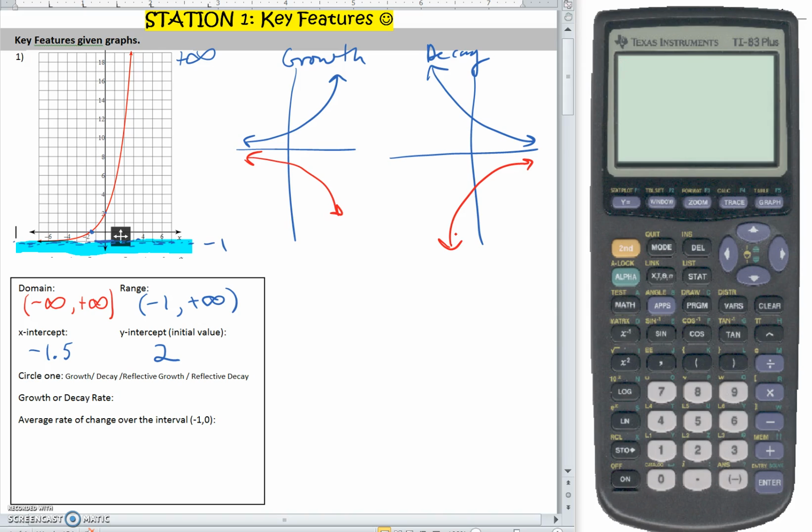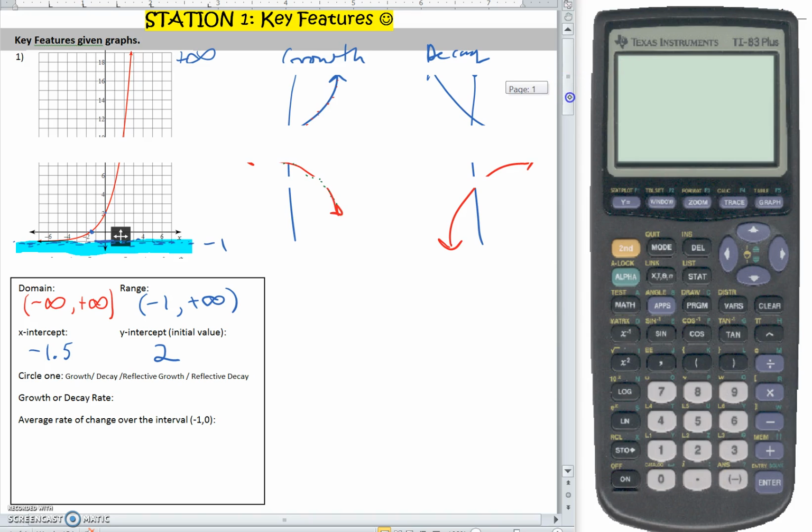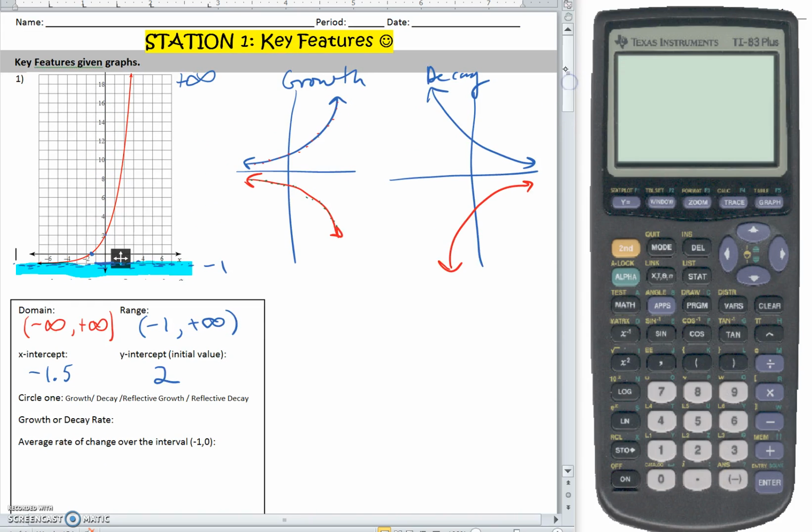It still has the same properties in terms of if the values are getting larger on the growth model, they're still getting larger on the reflection model. It's just they're getting larger in the negative value. For decay, same thing.